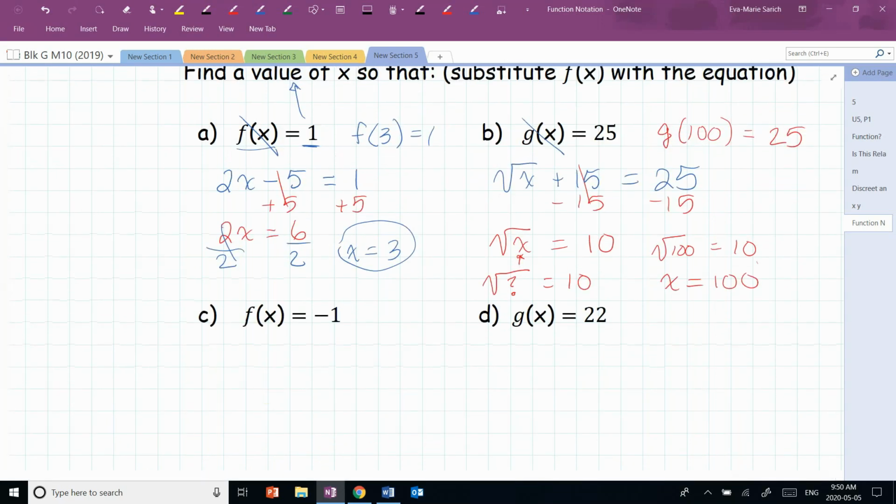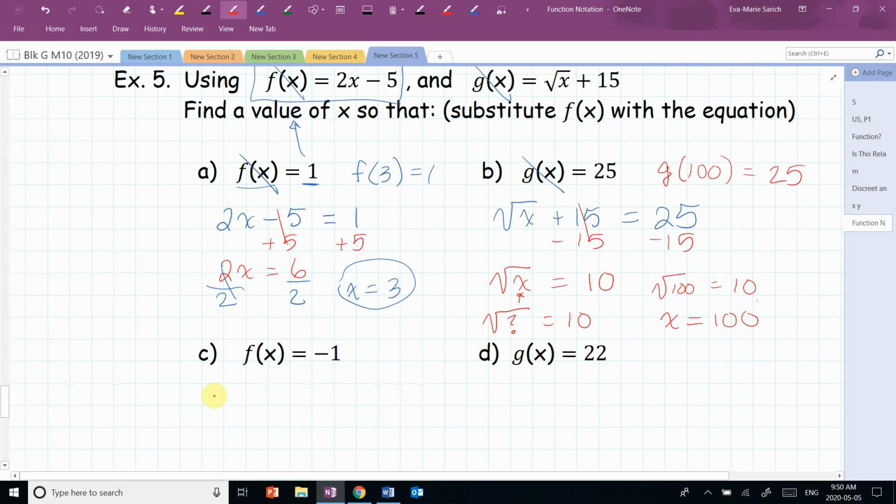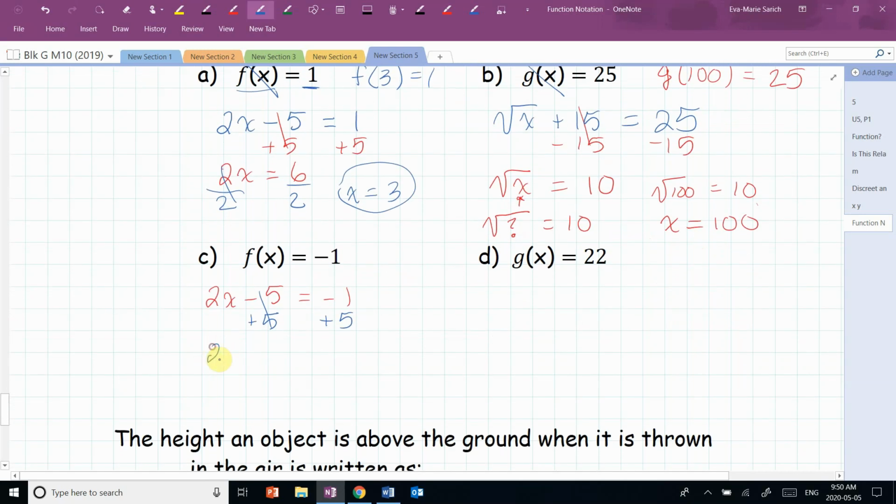So we're going to take the f of x symbol out and put in -1. So this is going to be 2x minus 5 is equal to -1. Getting x all by itself, you add 5 to both sides. And now what we have left is 2x is equal to -1 plus 5 is 4. Then we divide both sides by 2, and x is equal to 2.